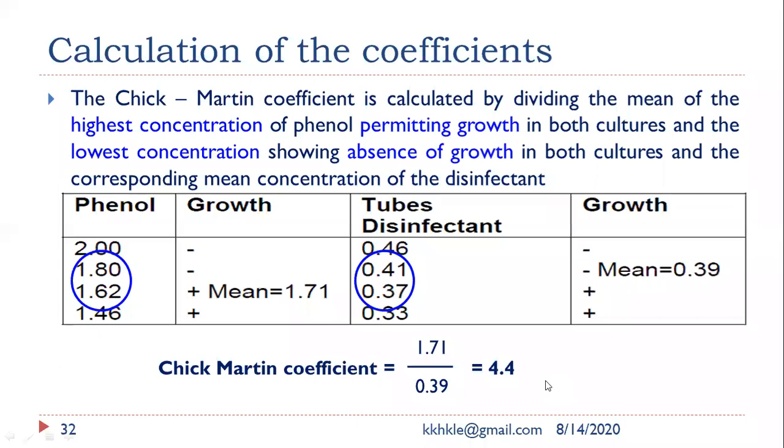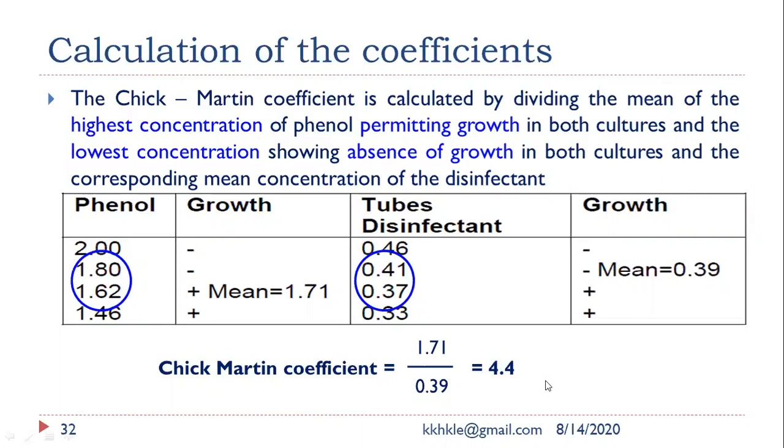Calculation. Okay. See here, in case of the Chick-Martin coefficient, I will tell you in brief the procedure of how we do it. Here we'll be using two different organisms: one is Staphylococcus aureus, one is Salmonella typhi. These two experiments will be done separately. Usually a 24-hour culture of either organism is taken and added to the different concentrations of the phenol and of the disinfectant which need to be evaluated.